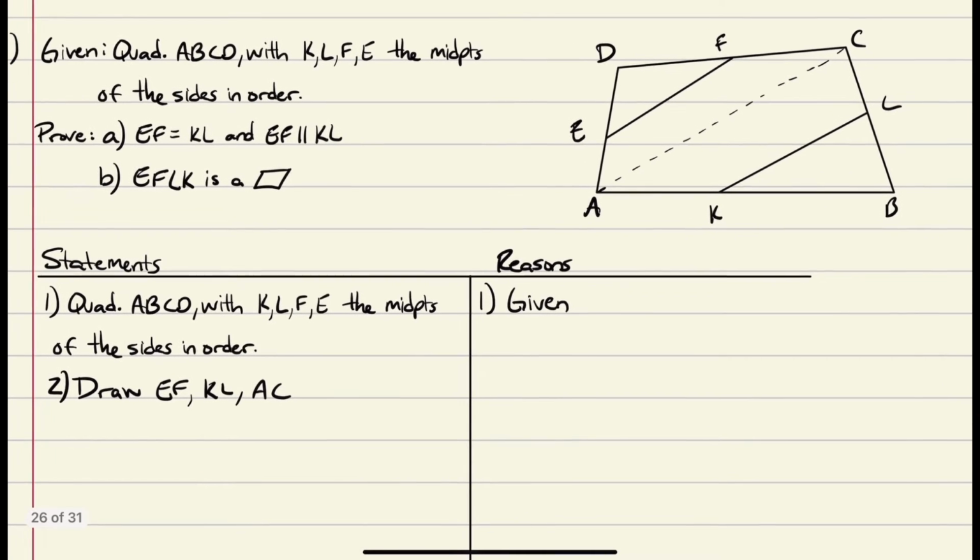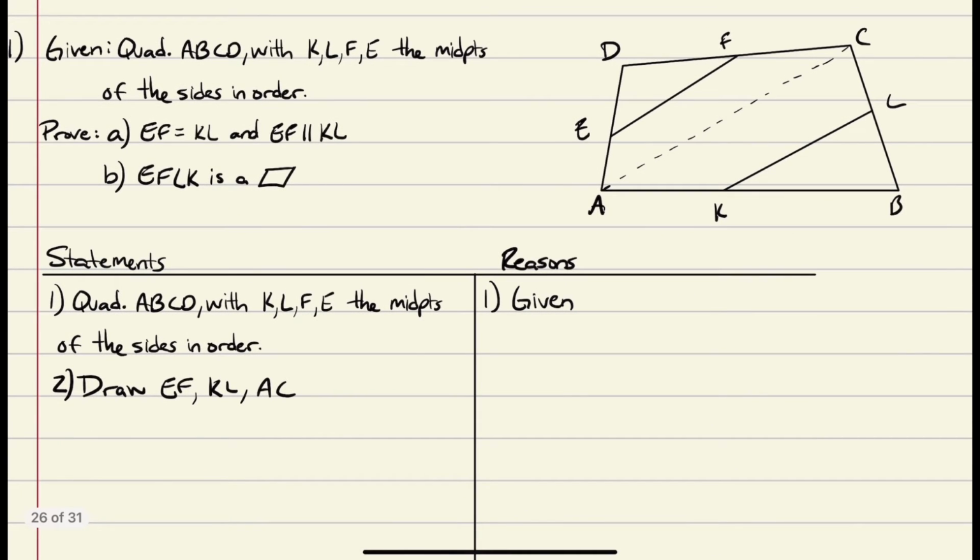Since we were told that E, F, L, and K are midpoints, that means it's dividing all the sides in equal halves. So this side would equal this side of the line because this is the midpoint of this entire line, which means it's cut into 2 equal parts. And that would be true about all the other lines. We can't necessarily say that this line segment is equal to this line segment.